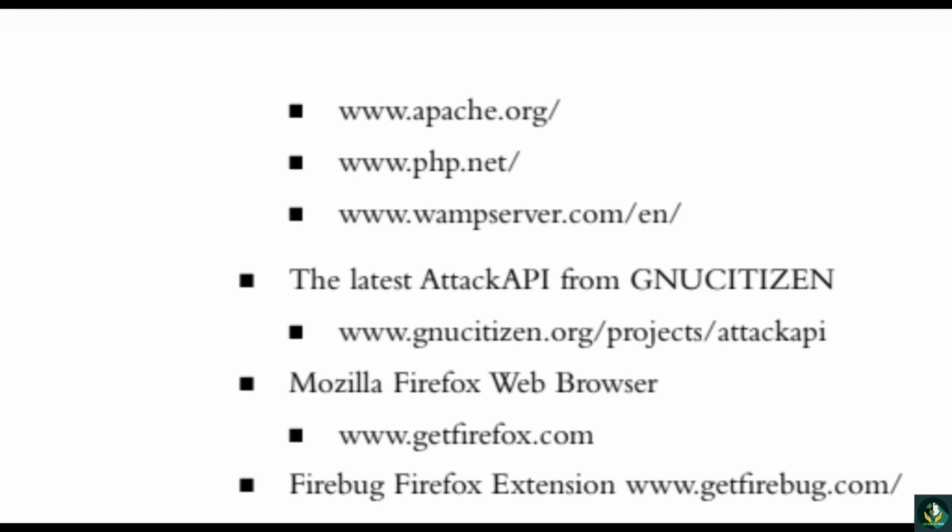Before we start delving into Attack API subroutines, we need to do some preparation. First, download a copy of the library and prepare a testing environment where you can develop most of the examples.